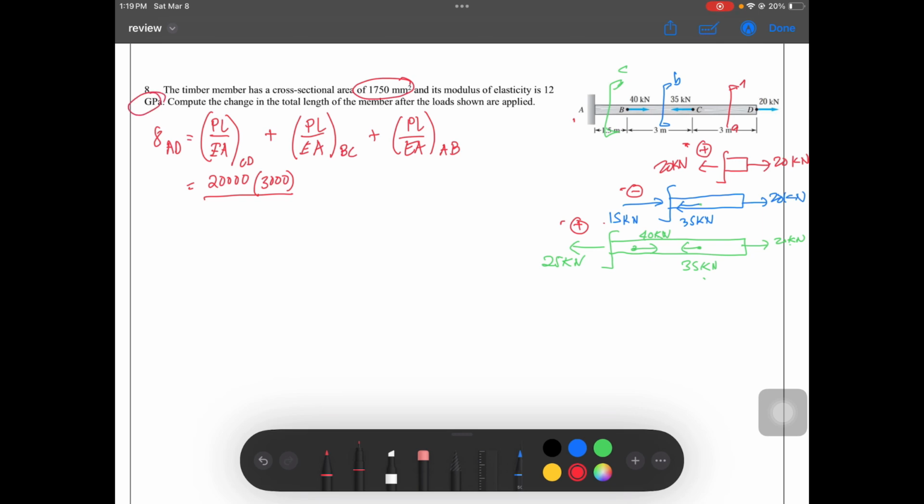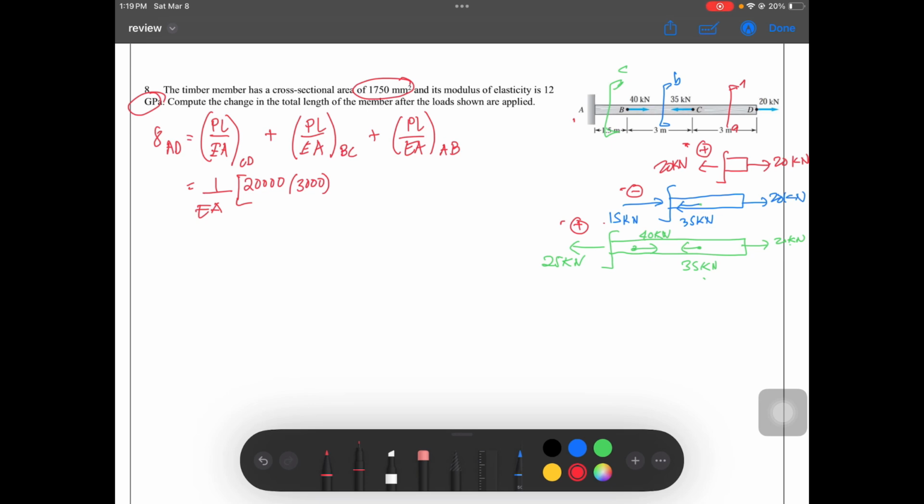At isang E lang siya, or elastic modulus. Pwede nating ilabas yung E at A since consistent siya, no? Ilabas natin, 1 over EA. Para hindi na natin ulit-ulitin. Wala na tayong denominator.